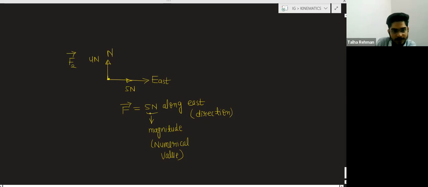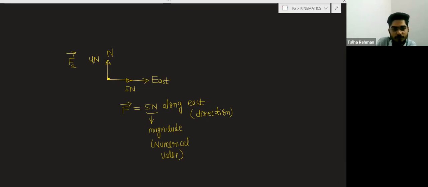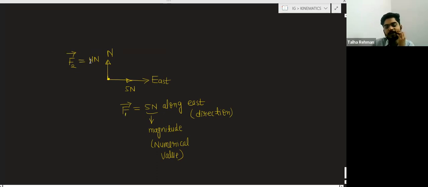At this point, one force is 5 Newton in the east direction, and another force is 4 Newton in the north direction. So F2 is 4 Newton along the north direction.